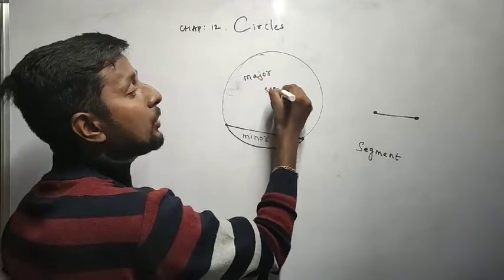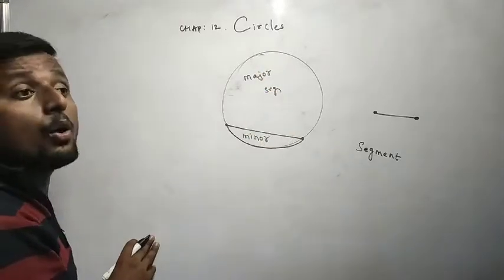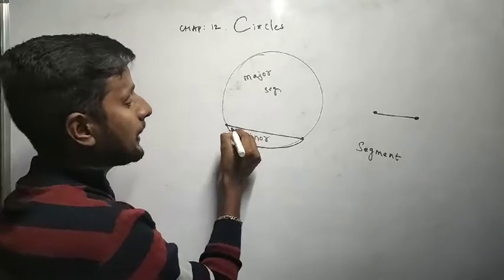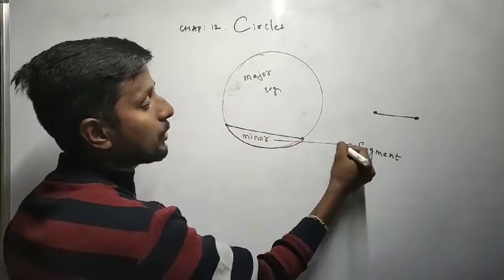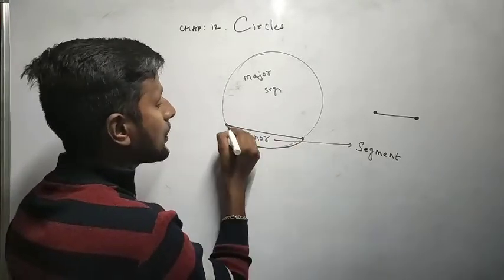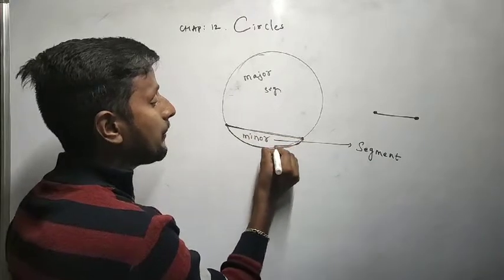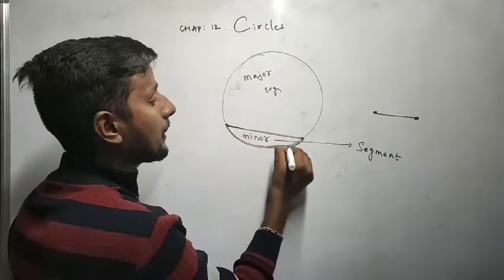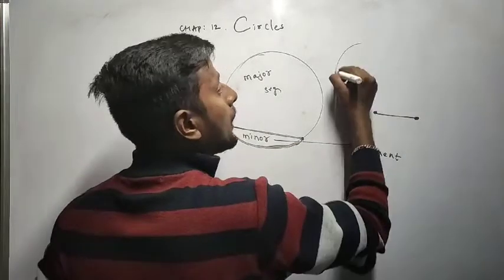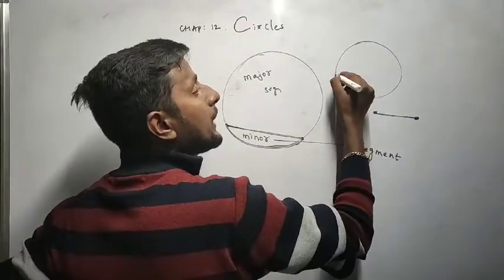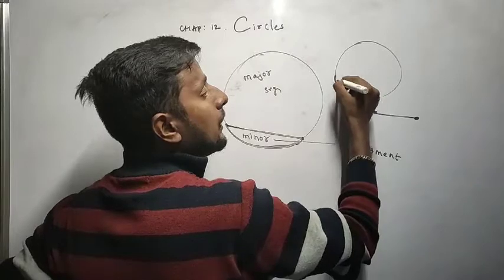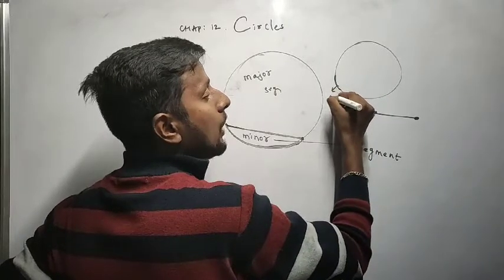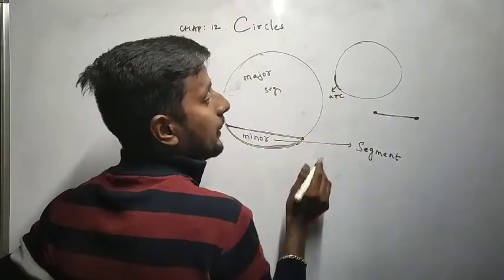But if you really want to write the definition, how would you write it? The minor segment is a region enclosed, that means covered, by a chord and a minor arc. What is an arc then? If you take the entire circle, a part of the circle is an arc.